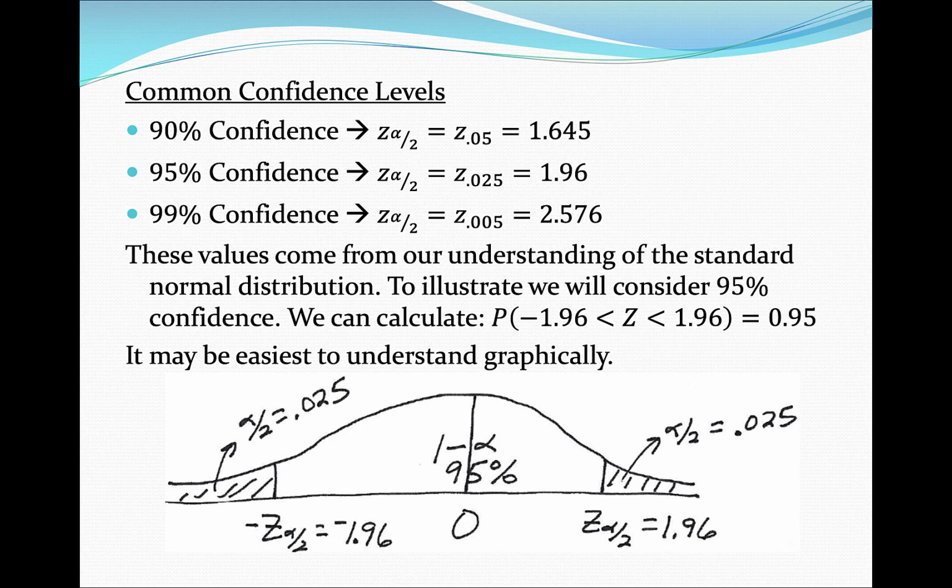It's nice to understand where these z-values come from and why I'm able to be 95% confident. And the reason being is because we know through this z transformation, and we can transform a mean into a z. We've already done that. We did that in the last section. So because we can do that, we can figure out an interval that's going to allow us to say we're 95% sure that the parameter is within that interval.